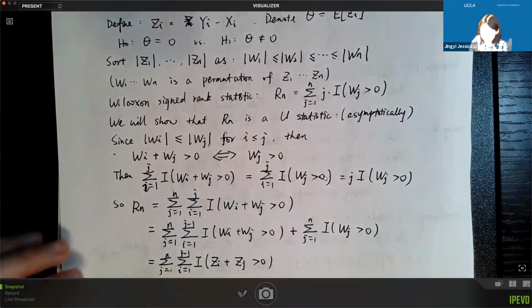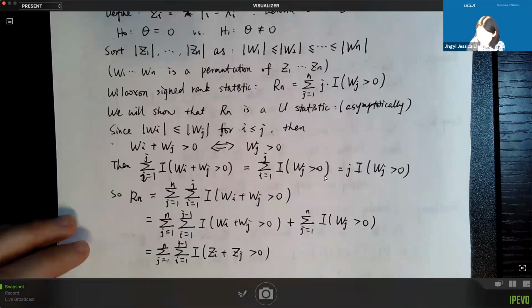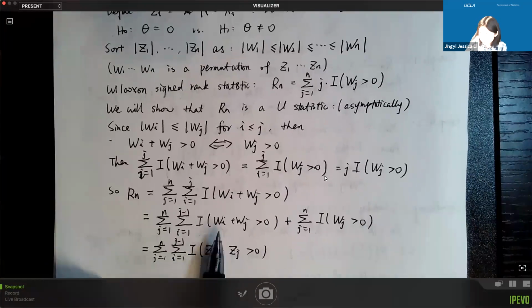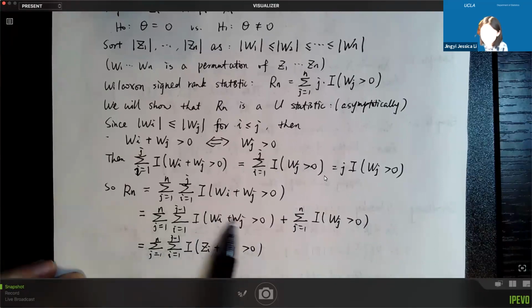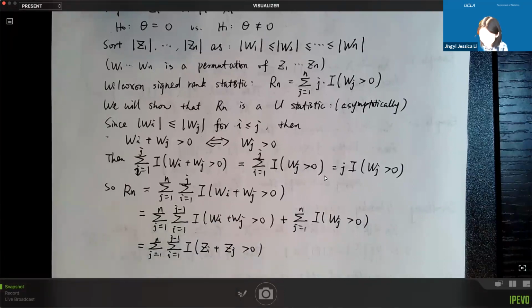The reason is that I can always find Wi and Wj corresponding to some pair among Z1 to Zn, and since they enumerate all the pairs, I can do the same thing.